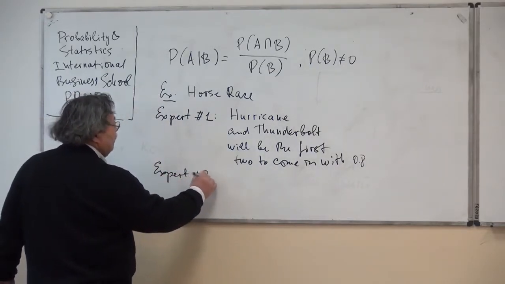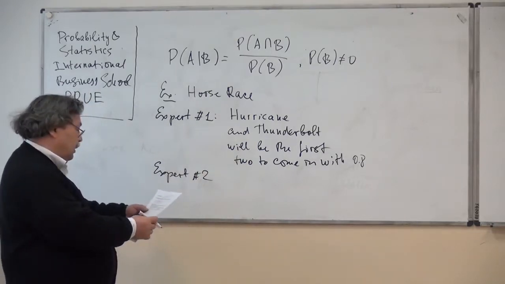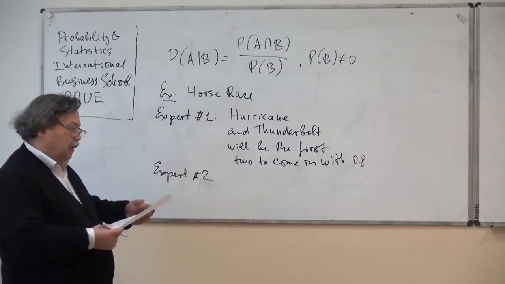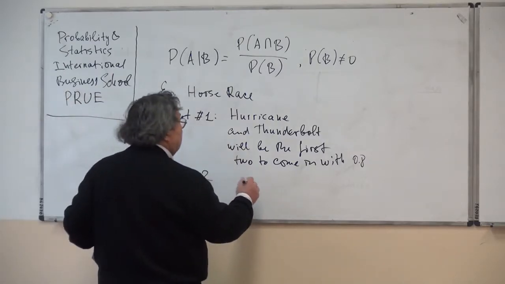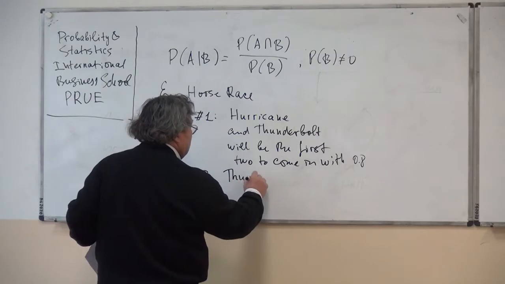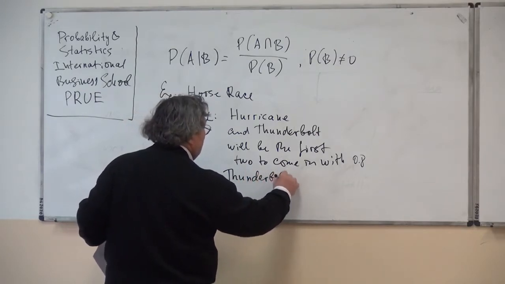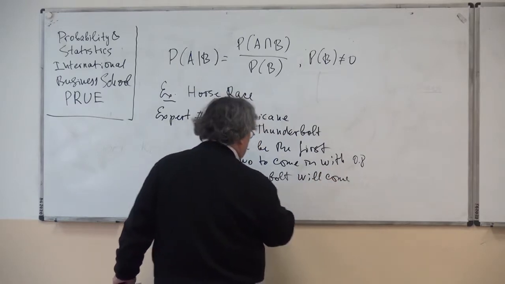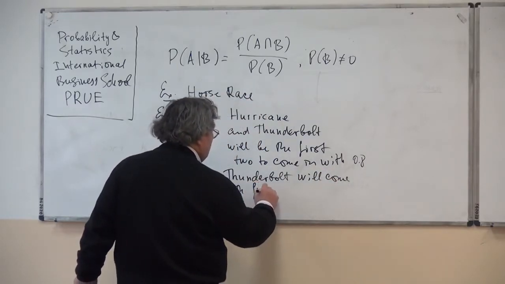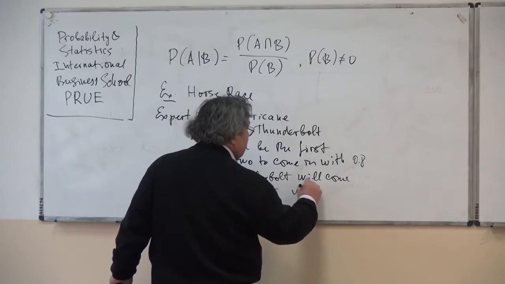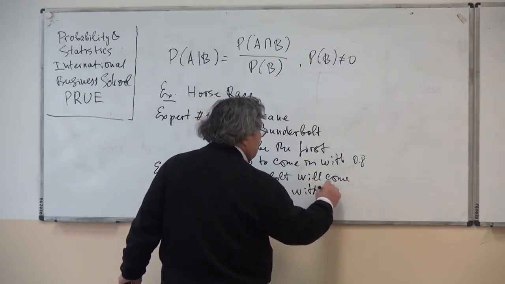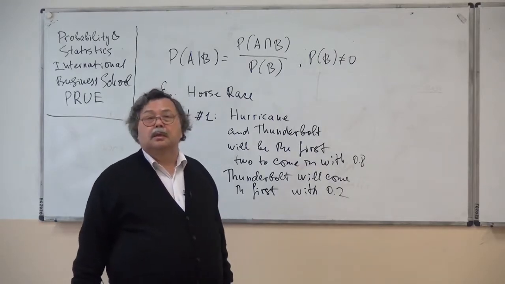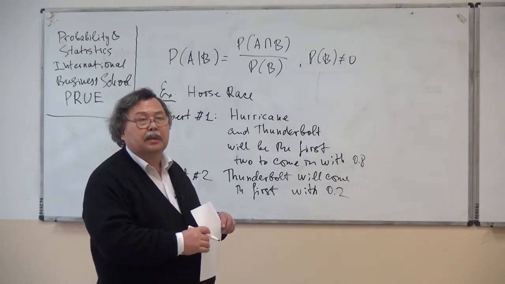Expert number 2 says that Thunderbolt will come in first with probability 0.2. Okay, so no classical model here, just expert opinions.